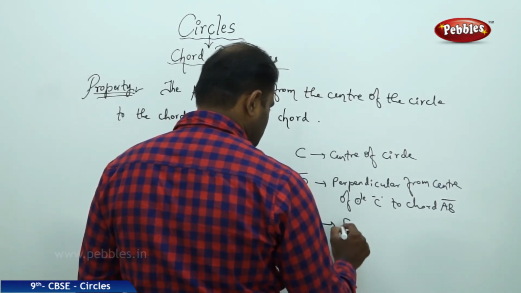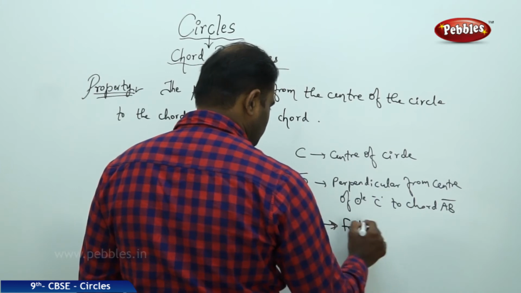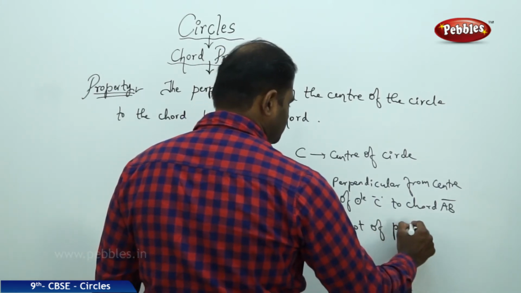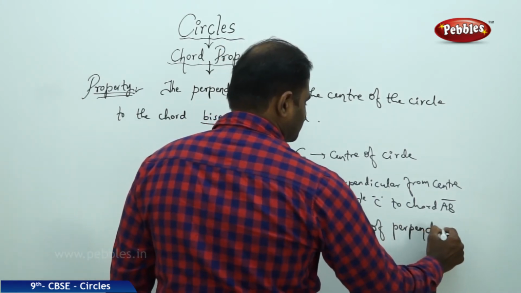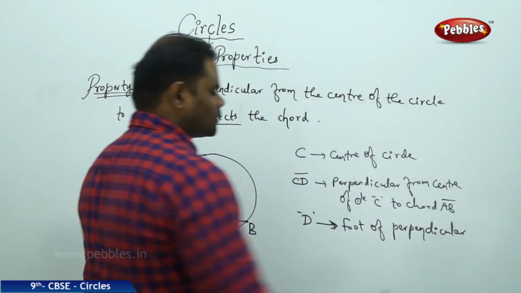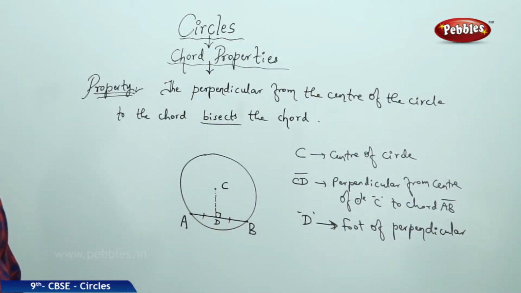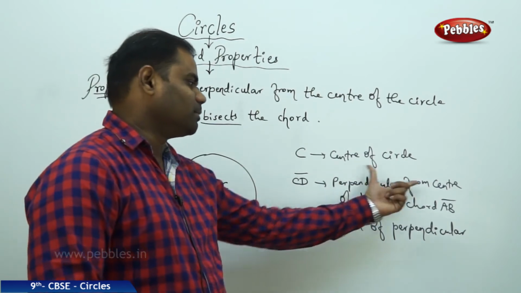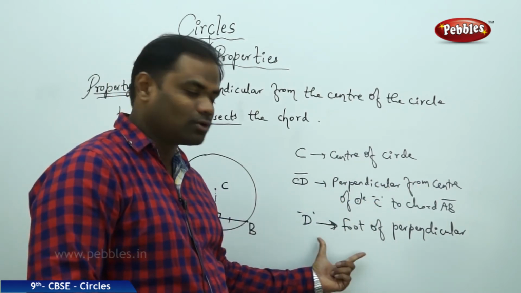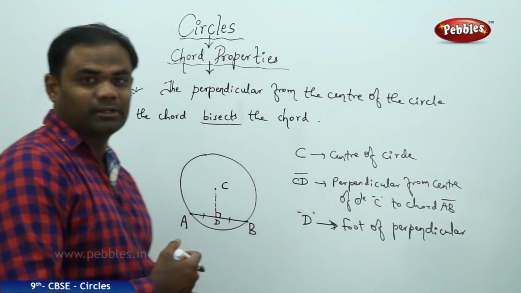and D is foot of perpendicular. So here I have center of circle, perpendicular distance from center to the chord AB, and D is foot of perpendicular.